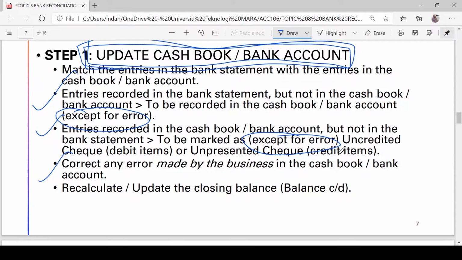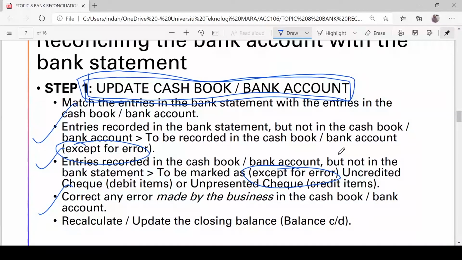Let me repeat: for entries recorded in the bank statement but not in the cash book, when you refer to the bank statement, there are items you notice are not recorded in the cash book. So you are going to record them in the cash book.